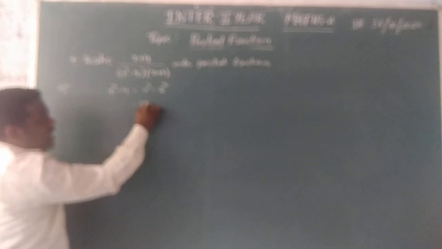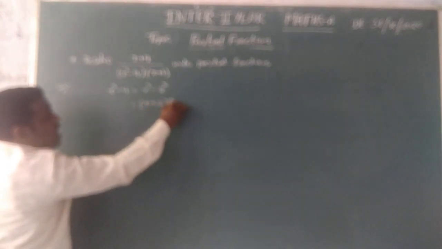X square minus 4 can be written as x square minus 2 square. This is the form of a square minus b square, which can be written as a plus b into a minus b, so x plus 2 into x minus 2.